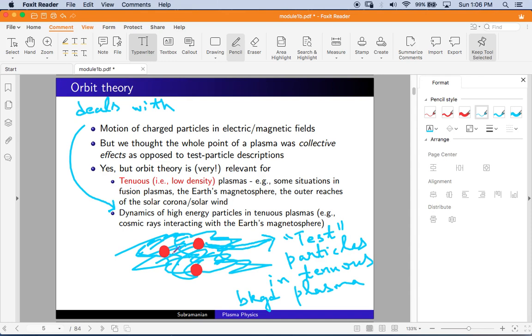And how are these red particles different from the particles that make up the blue background? Well, these are, for instance, high energy particles. The temperature of the background plasma might be some T1.